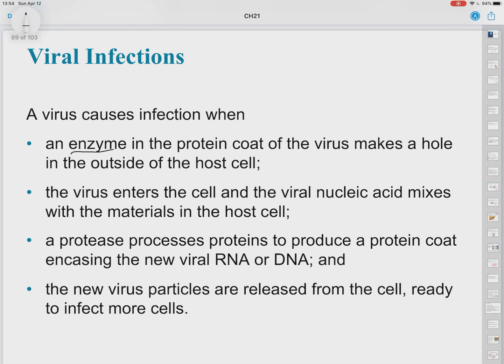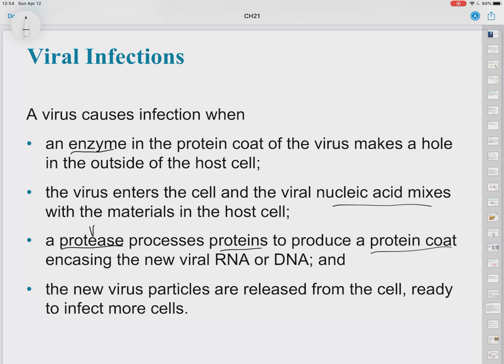So we can get infected when the enzyme of the virus pokes a hole in the outside of our cell and gets inside. The virus can enter the cell and the nucleic acids will mix with ours. Proteases will go and process the proteins and produce a pure protein coat to make the new virus DNA.